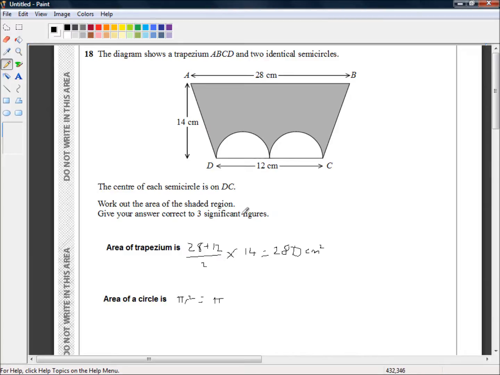So the area of the circle is pi times 3, which is the radius, squared. Now 3 squared is just 3 times 3, which is 9, and 9 times pi is equal to 9 pi.